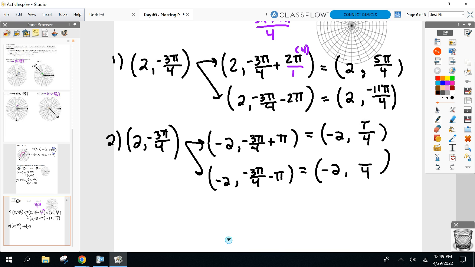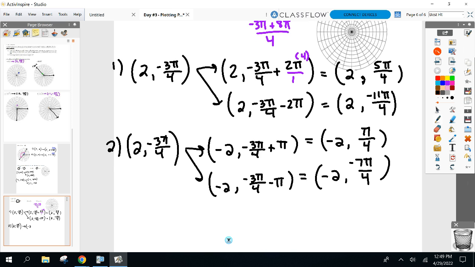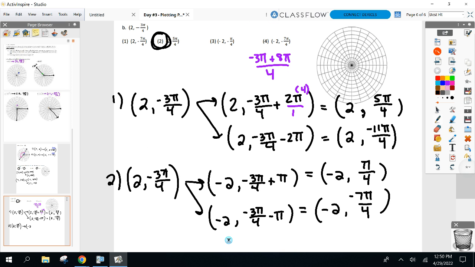Pi over 4. Negative 7 pi over 4. And what do I got? Only one of them, right? 4. Everything else is, nope, that don't match.